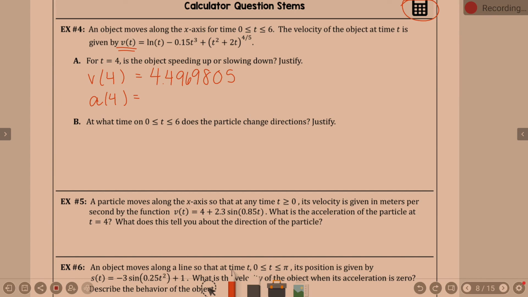What I did is on my main screen, if I use the alpha trace button, I can grab y1. Well, okay, this would find velocity. Because if I type in y1 and then just put in 4 after parentheses, I'm substituting 4 into whatever my y1 equation is, which my y1 is the velocity equation, right? So that's that same number I just got on the graph.